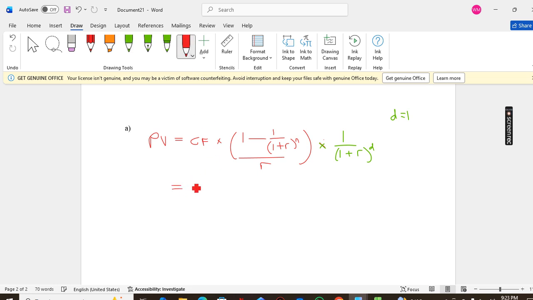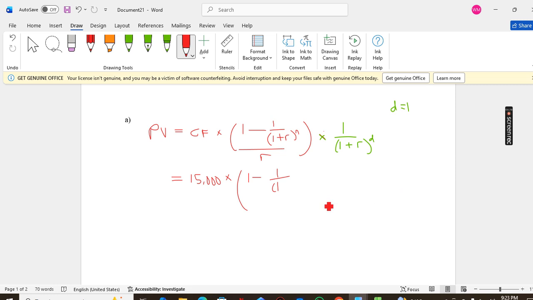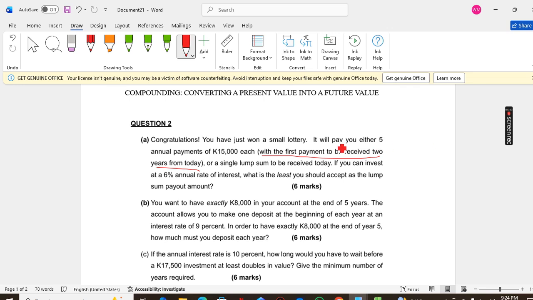Okay, then we just put our values into the formula. The equal cash flows, 15,000 per year, multiplied by our annuity factor, 1 minus 1 over 1 plus our rate. Our rate is 6%, so we convert it into a decimal, 0.06. Okay, the number of years, it told us 5 annual payments.